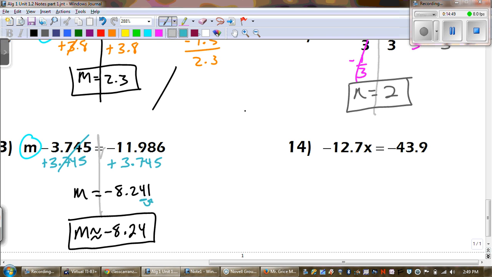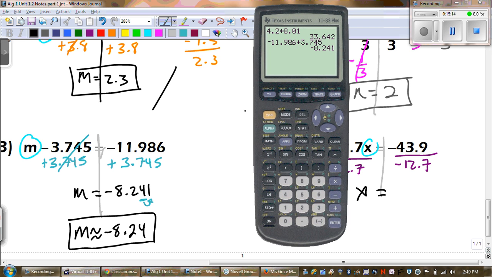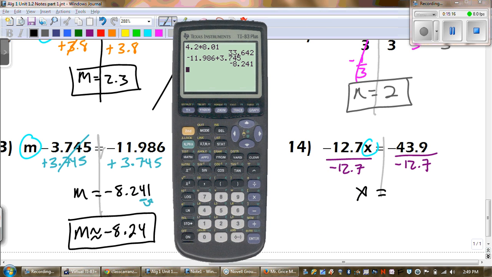All right, 14, last one. There's my variable. I want to get it all by itself. Right now it's being multiplied, so the opposite of multiplication is division. I'm going to divide both sides by a negative 12.7, and we get that x equals negative 43.9 divided by negative 12.7.